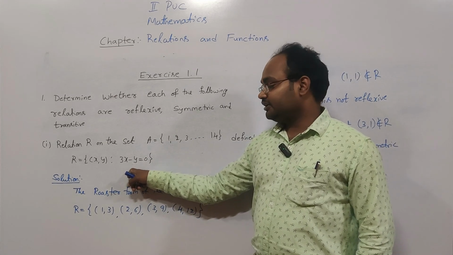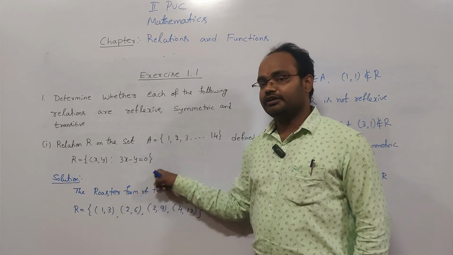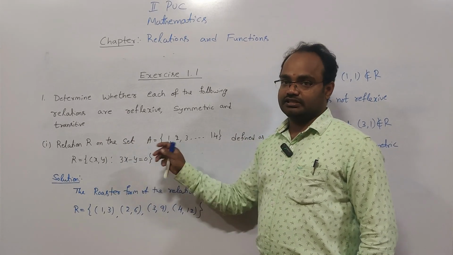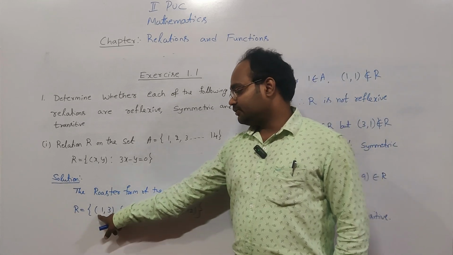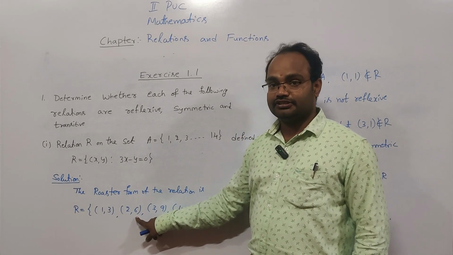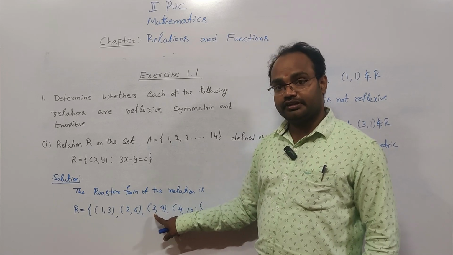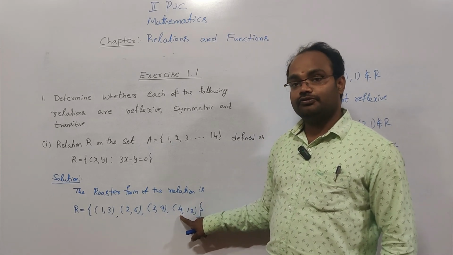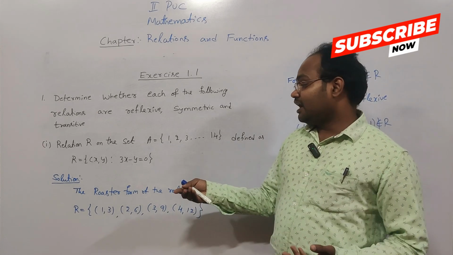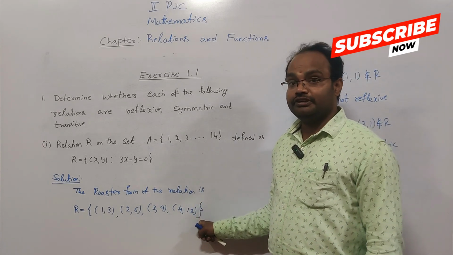y can be equal to 3x. This can be rewritten as y is equal to 3x. y is equal to 3x ಆದರೆ when x is equal to 1 y will be 3, when x is equal to 2 y will be 6, when x is equal to 3 y will be 9, when x is equal to 4 y will be 12. x is equal to 5 ಹಾಕಿದ್ರೆ y is equal to 15 ಬರುತ್ತೆ.